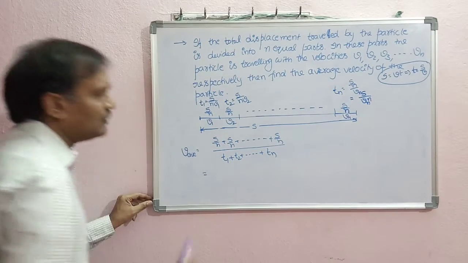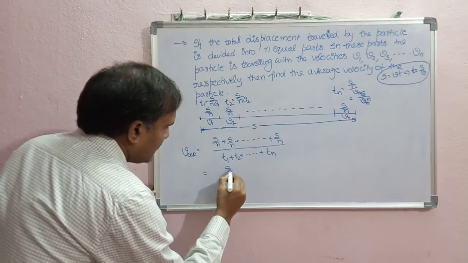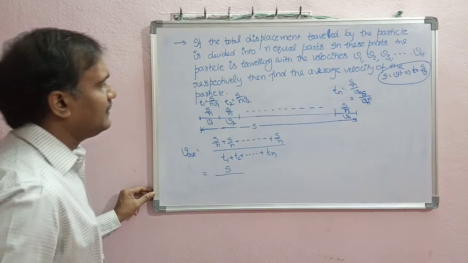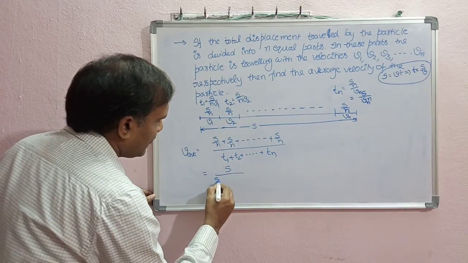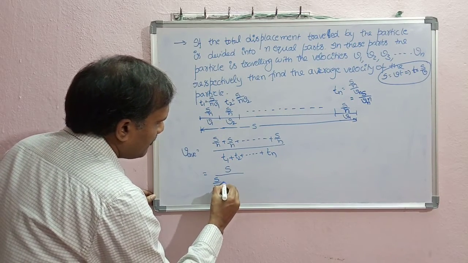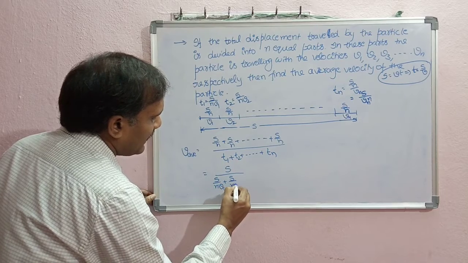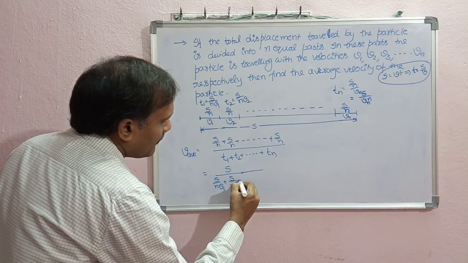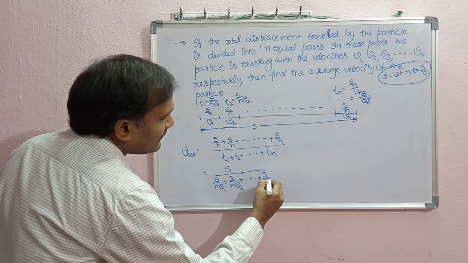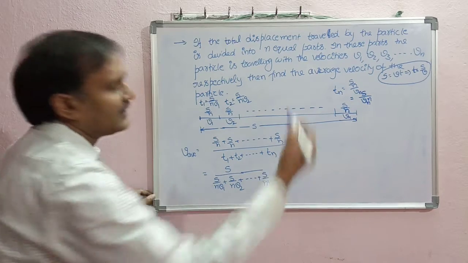Now, this is equal to S divided by, what is T1? S divided by N into V1 plus S divided by N into V2 plus so on up to S divided by N into Vn.